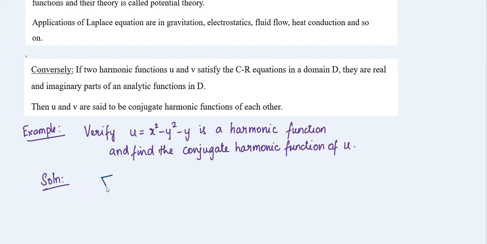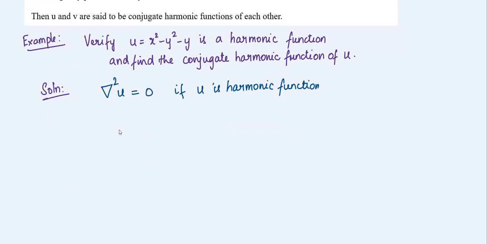If it is a harmonic function, del square U will be 0. U is x square minus y square minus y.